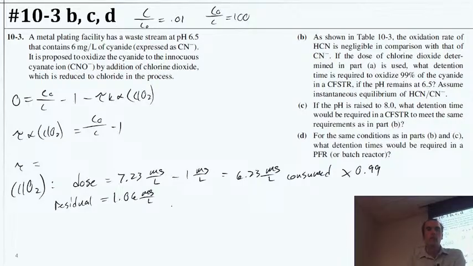milligrams per liter. Then we're going to take that and convert that into our moles per liter units. So we're going to take the 1.06 and we can take that by 1 mole ClO2 per 67.5, or I'll just go ahead and put it into milligrams ClO2, which gives us 1.57 times 10 to the minus fifth moles per liter of ClO2.